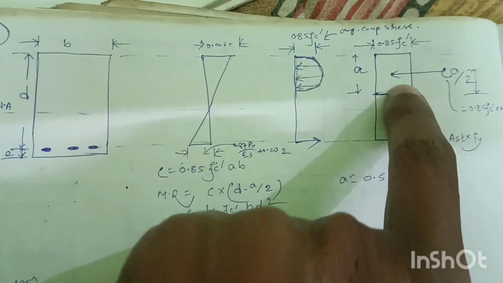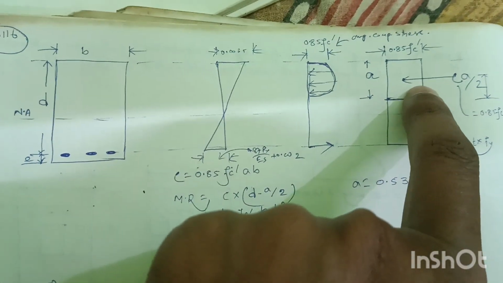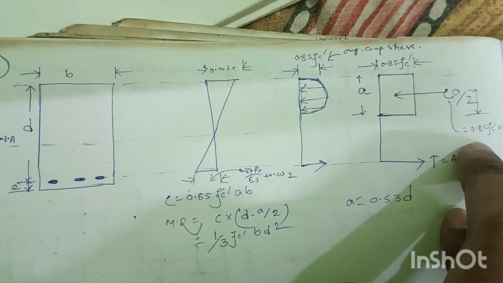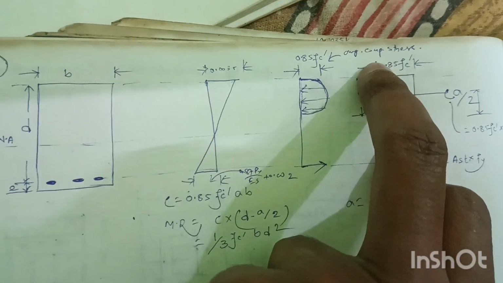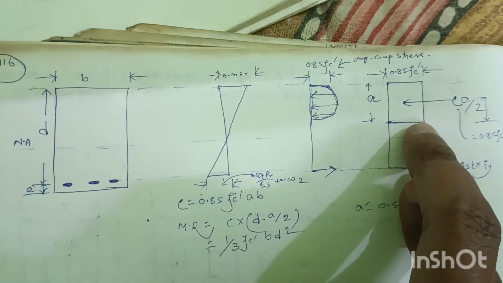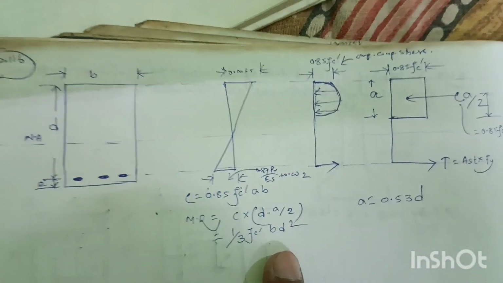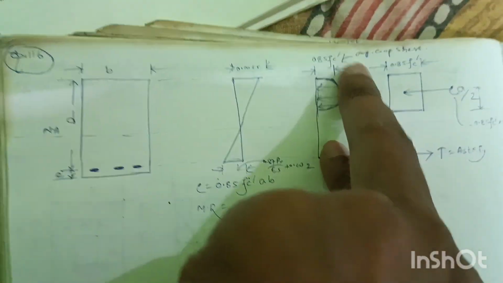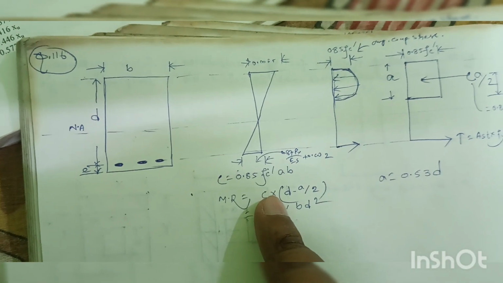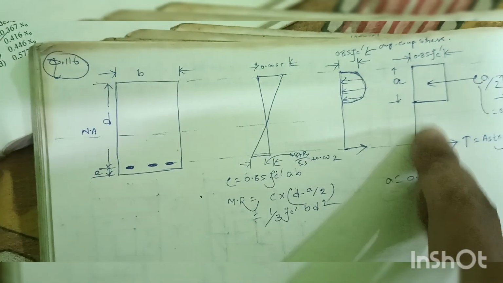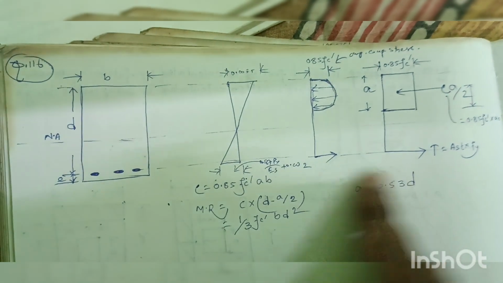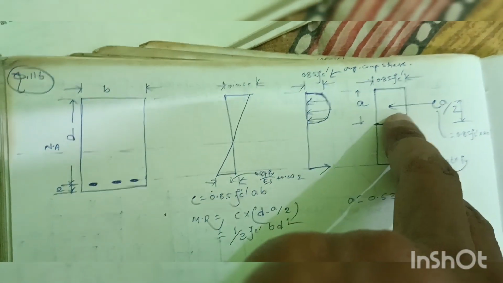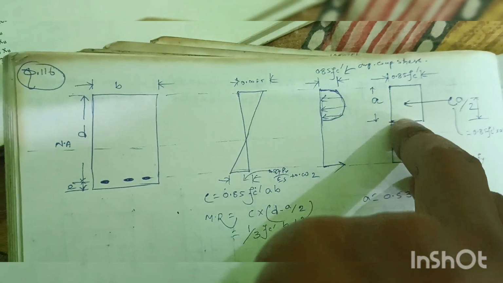So we know the compressive force will be C equal to 0.85 fc dash into the area of the stress block, a into b. And if we want to calculate the moment of resistance by the compressive force, we have to multiply the compressive force with the lever arm, and the lever arm will be d, the effective depth, minus a by 2, because this is a rectangular section, so this distance is a by 2.